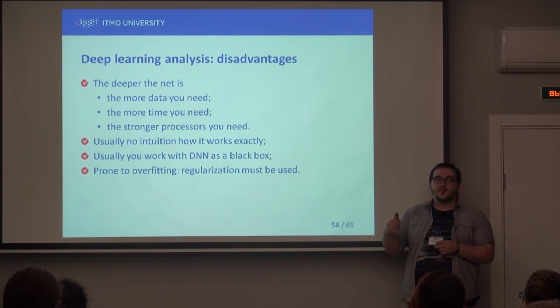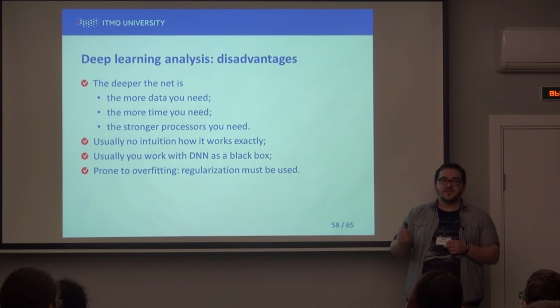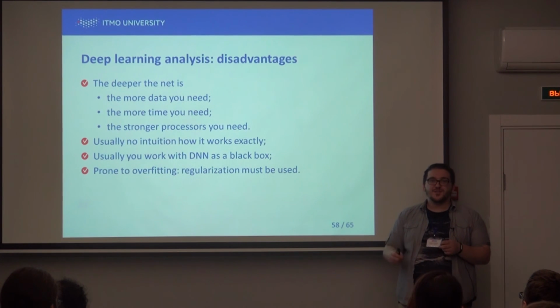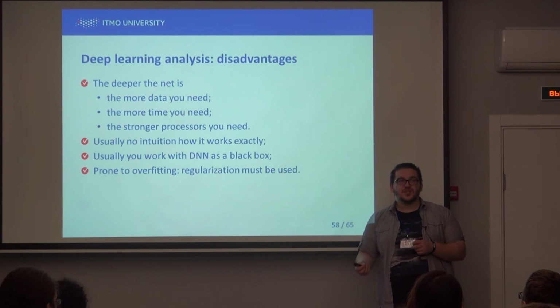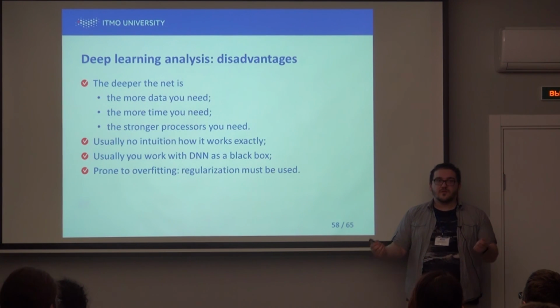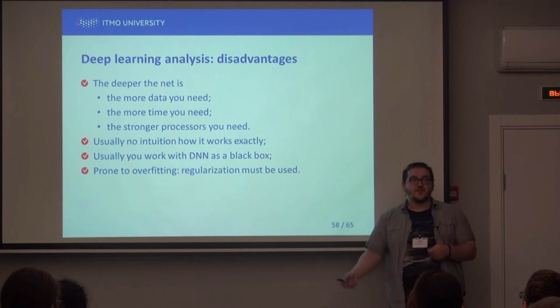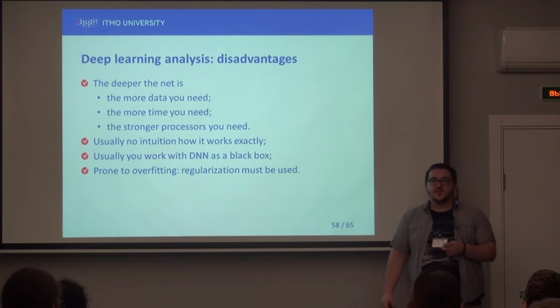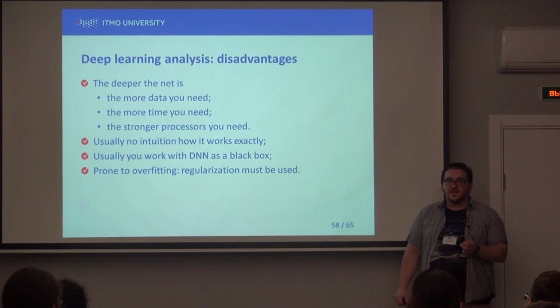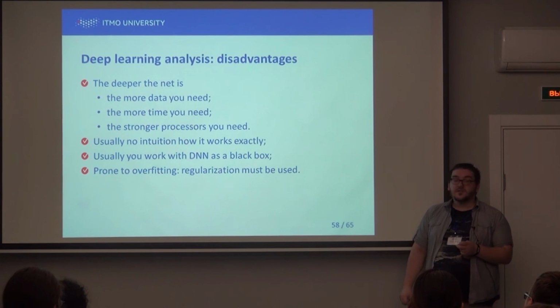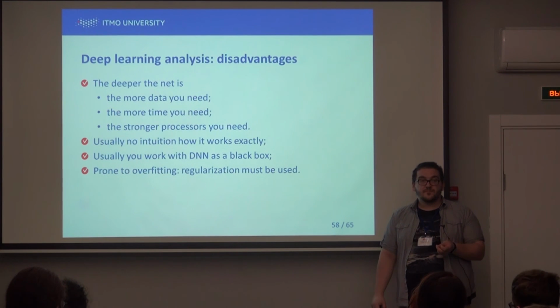Lots of problems are related to overfitting, because many practitioners don't use dropout and don't use regularization, and it turns out that they build very complicated models for, in fact, simple dependencies, and they get overfitted. Also, we need lots of data to learn a deep learning network, and we also need lots of computational resources.